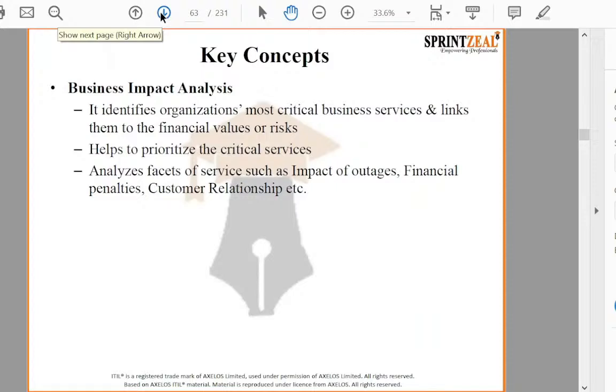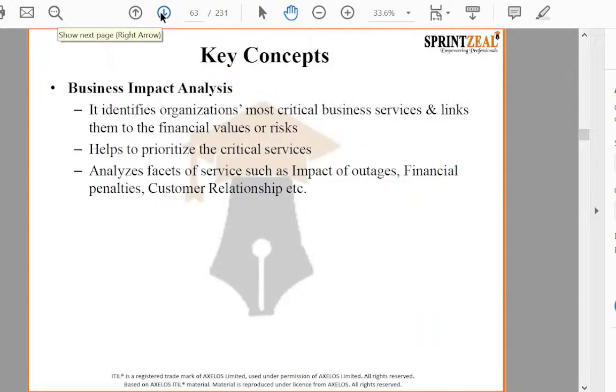And then it links those business units or services to financial values or risk. So if this service fails or is inadequate, we're going to lose $3 million next quarter. Or we know that 20% of our developers are going to leave because they're frustrated or they're unsatisfied. Or we know that we're not going to win our recompete next year. It also helps to prioritize the critical services.